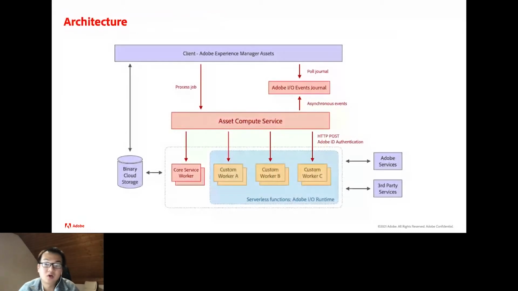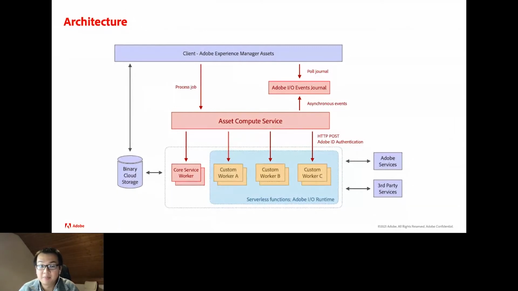And before going deeply into the use case, let's have a look at the architecture of the custom assets compute worker. In this case, AEM Assets acts as a client of the service. Changes in AEM are piped into I/O Events.